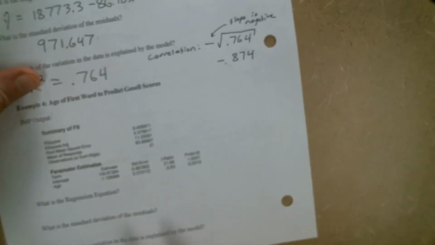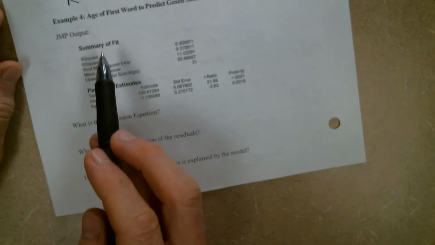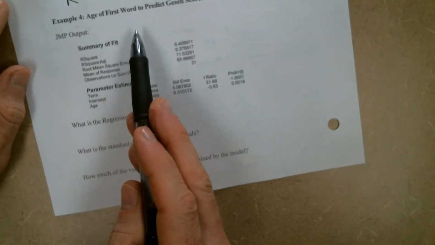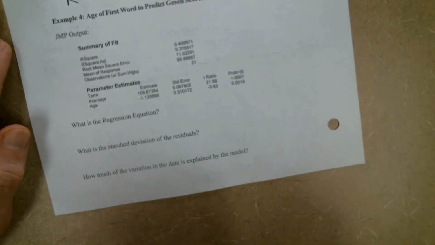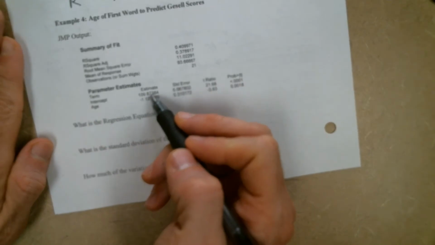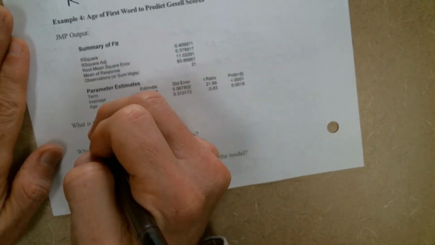All right. And then again, this is just another one down here. So it says age of first word used to predict Gessel scores, which is like a reading measurement. So again, just recognizing that your regression equation is coming from these estimates here.